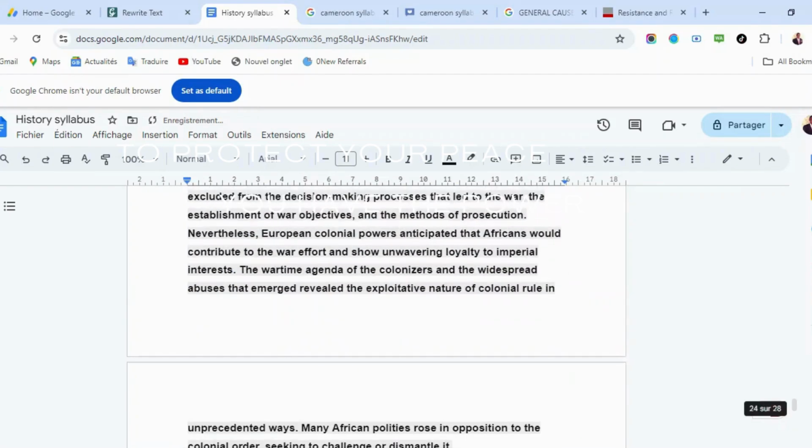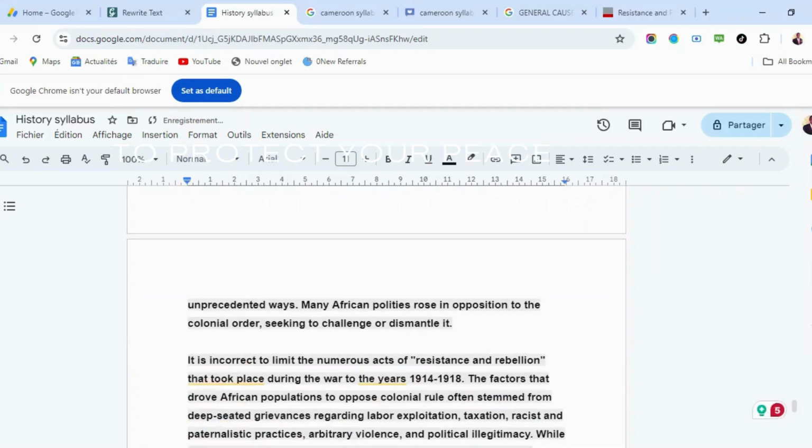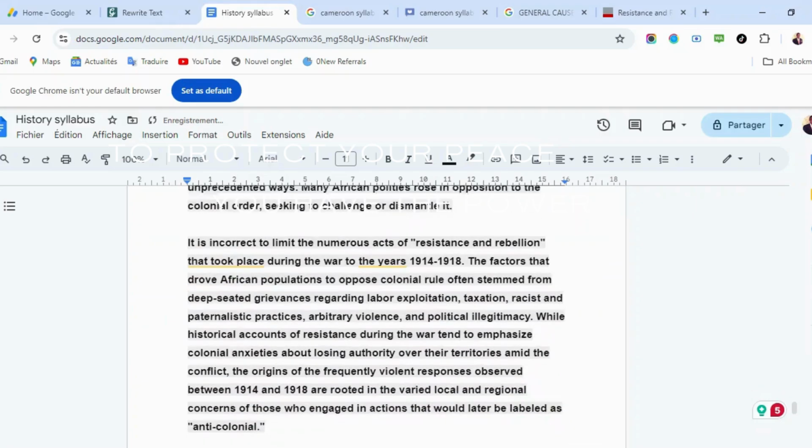The wartime agenda of the colonizers and the widespread abuses that emerged revealed the exploitative nature of colonial rule in unprecedented ways. Many African polities rose in opposition to the colonial order, seeking to challenge or dismantle it.